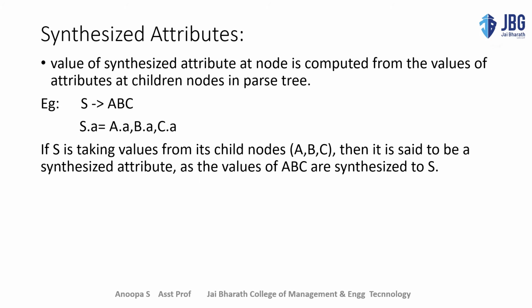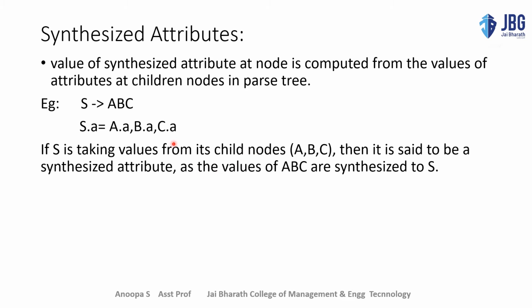First is synthesized attributes. A synthesized attribute at a node is computed from values of attributes at children nodes. We have a parse tree, and you know that there will be a parent node and there will be children nodes. So if the value of an attribute at a particular node is taken from the values of the children nodes, then it is known as a synthesized attribute.